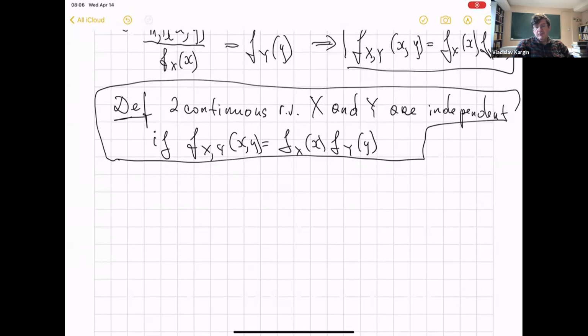One thing to say: it's sometimes useful to have some criterion which allows you to check whether two random variables are independent.